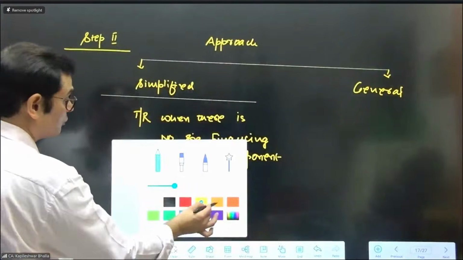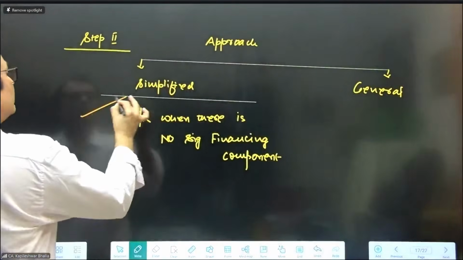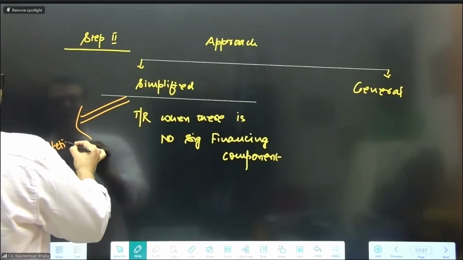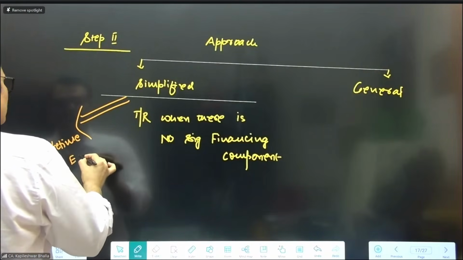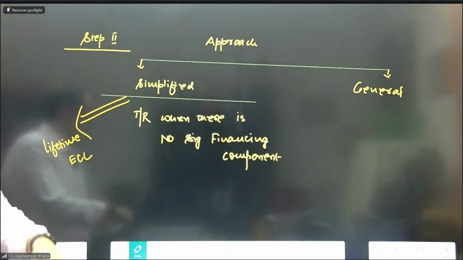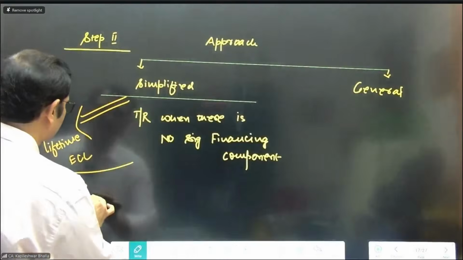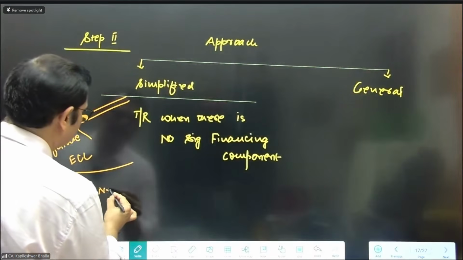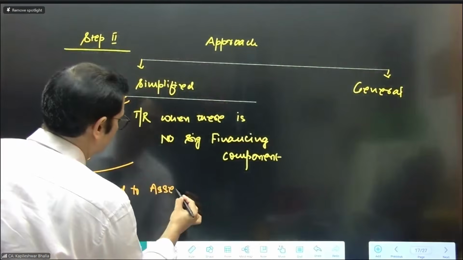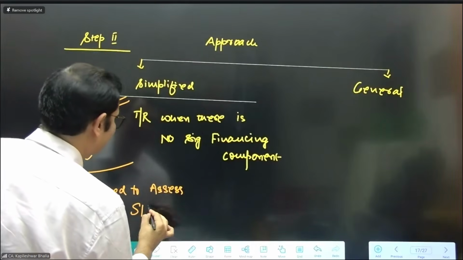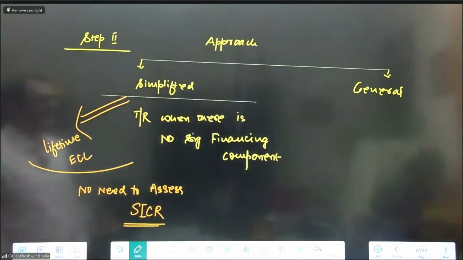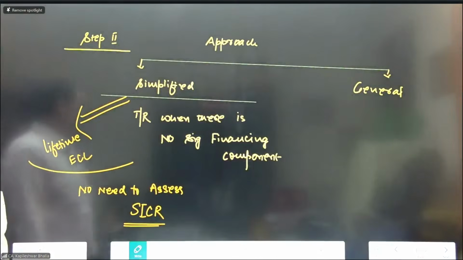In the simplified approach, just to recall, we use the concept of lifetime ECL, lifetime expected credit loss. That also means there is no need to assess SICR, that is, significant increase in the credit risk.